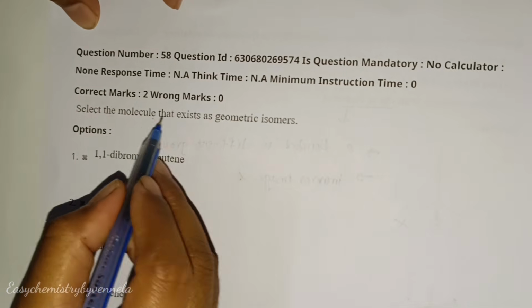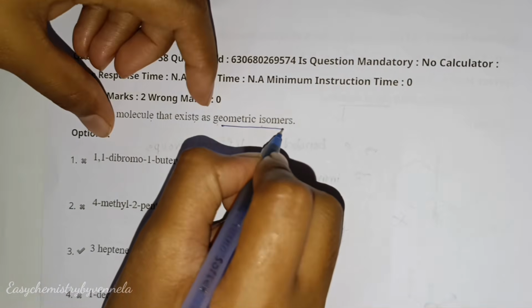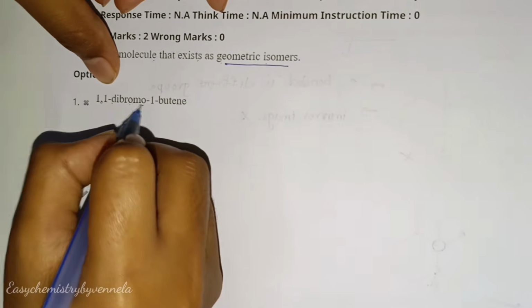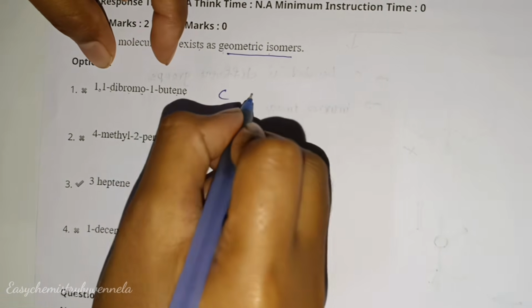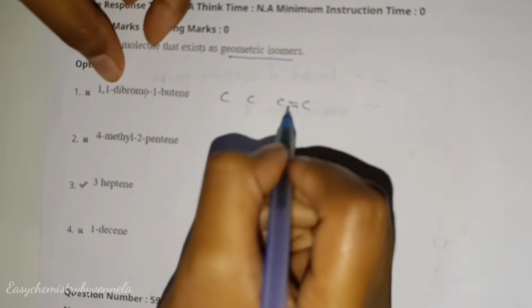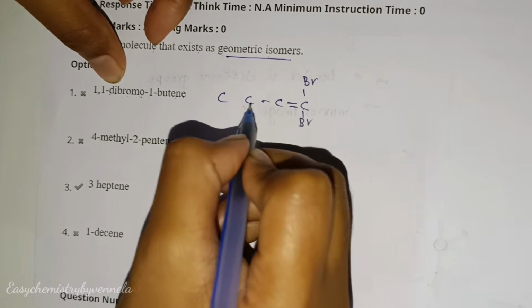Next question. Select the molecule that exists as a geometric isomer. Question is geometric isomer. 1,1-dibromo-1-butene. Butene means how many carbons? 4 carbons. 1-butene, so double bond here. 1,1-dibromo, here bromo and here bromo.